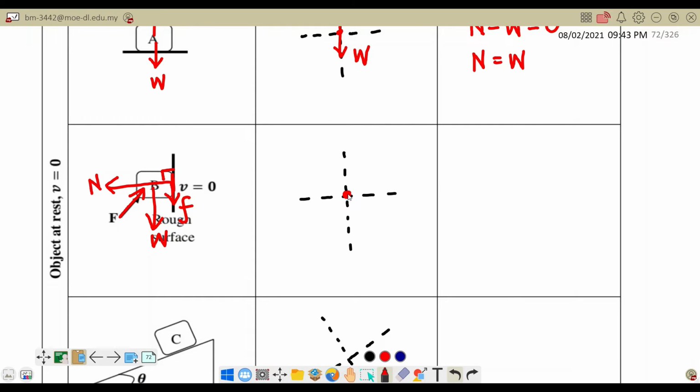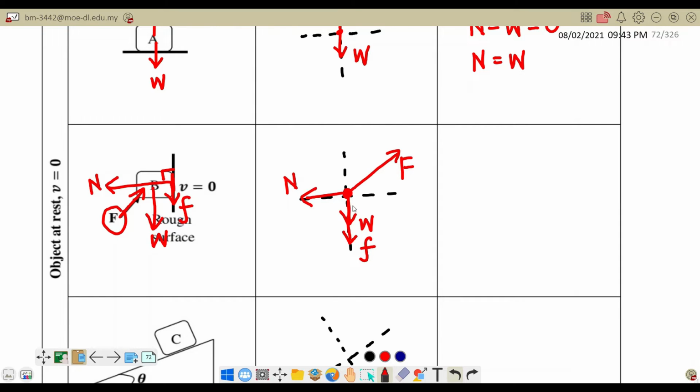We have mg, the weight, the normal force, the frictional force, and also the external force, the pushing force. We start from the origin and pull it up. So this is our external force.